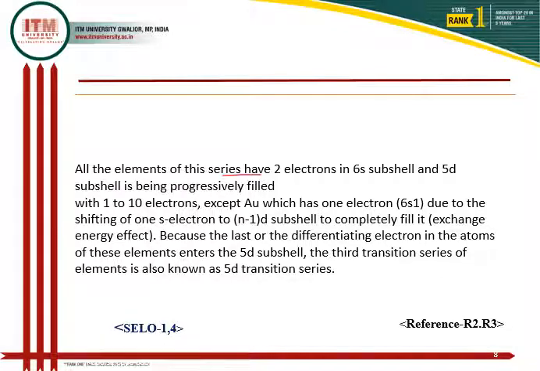All the elements of this series have 6s2 electrons, and the 5d subshell is being progressively filled from 1 to 10. So the third series, that is the 5d series, has the electronic configuration 5d1 to 10, and the outermost shell almost always has 2 electrons, except gold, which has 1 electron in 6s1 due to the shifting of a 6s electron to the inner d subshell to completely fill it.